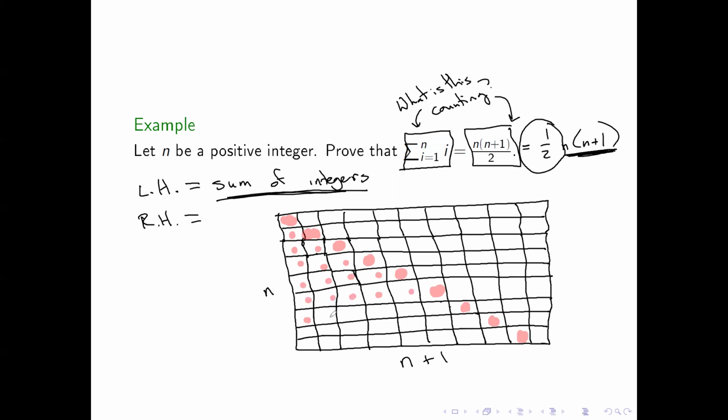The red dots, so let's look at the first row. How many red squares do I have in the first row? I don't have n in the first row.